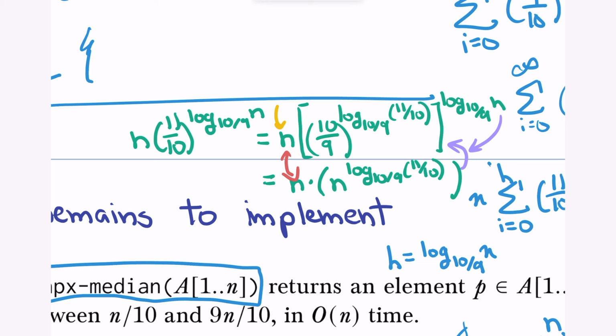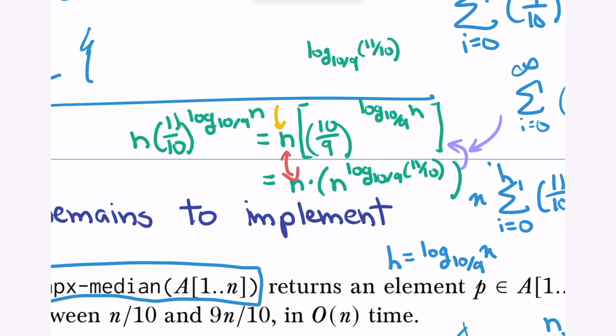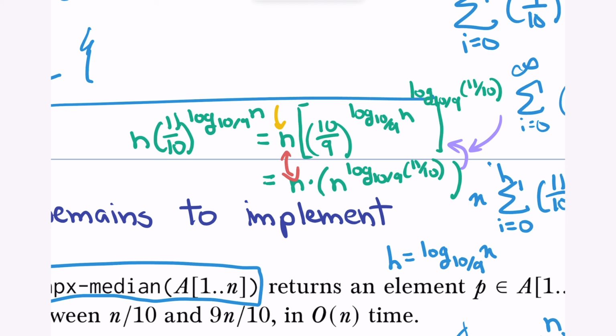Yeah, so what I'm going to do is I'm going to take this and this and swap, right? Something like this. And then that n just goes down and becomes n to this messy number. I mean, if it's confusing, it's probably because of my handwriting.